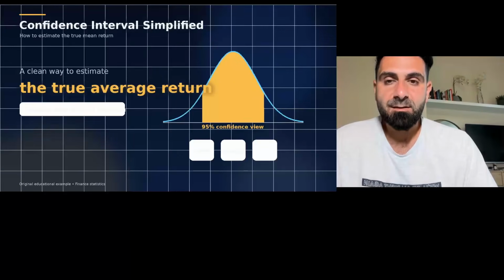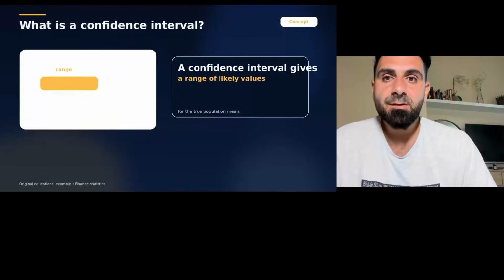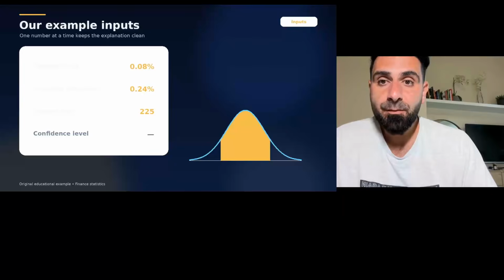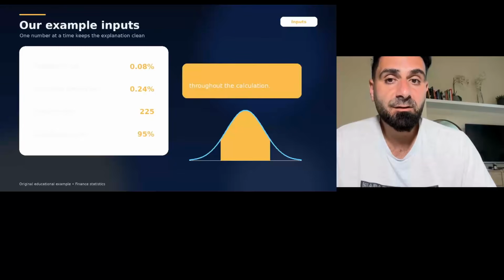Let's assume that you have these numbers for this example. The standard deviation is 0.24% and the sample size is 225 and the confidence level is 95%.